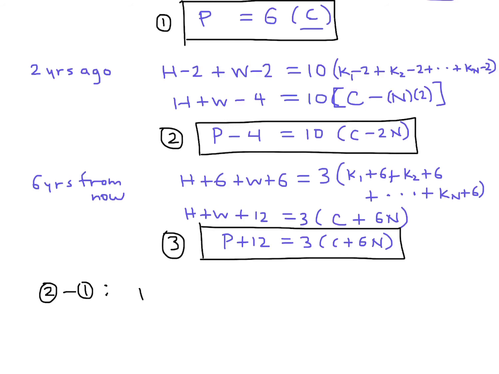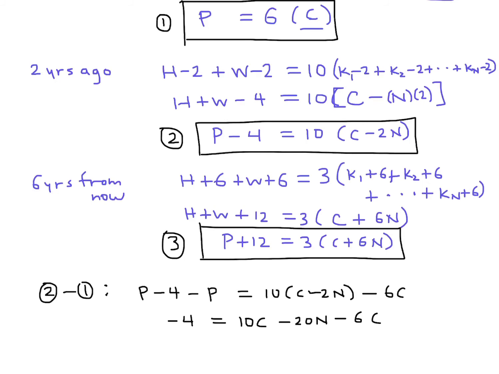So 2 minus 1, we'd have P minus 4 minus P. And then on the right side we'd have 10C minus 2N minus 6C. Correct? Unless I've done something wrong. So the P's cancel. This gives you negative 4 is 10C minus 20N minus 6C.